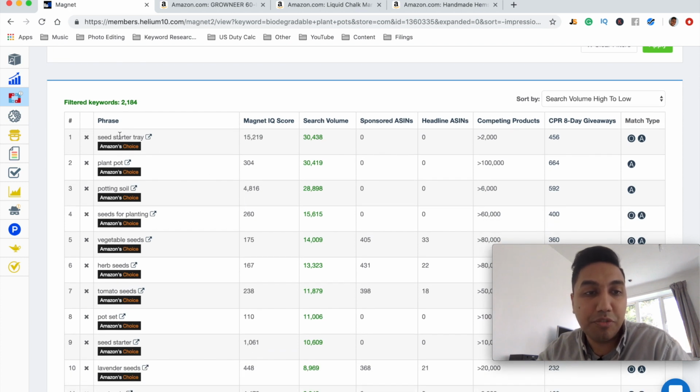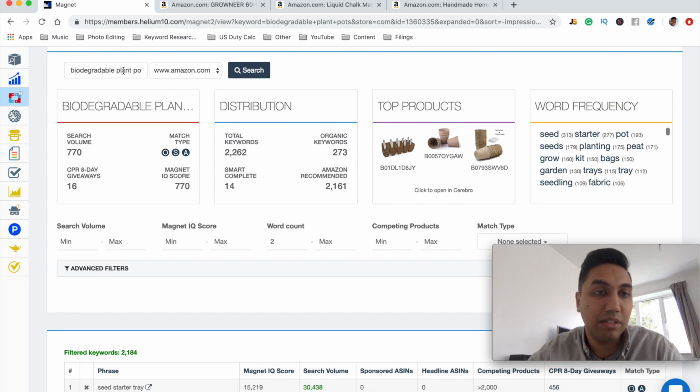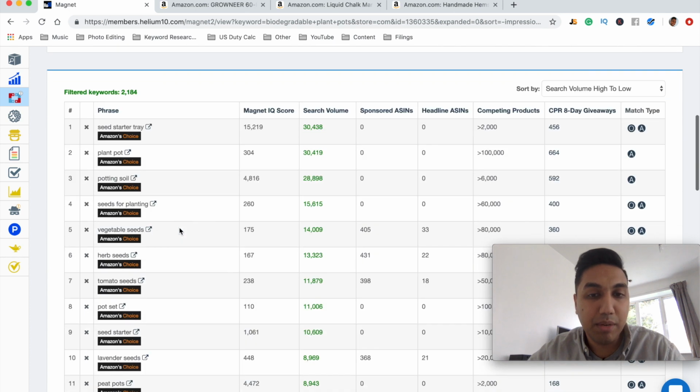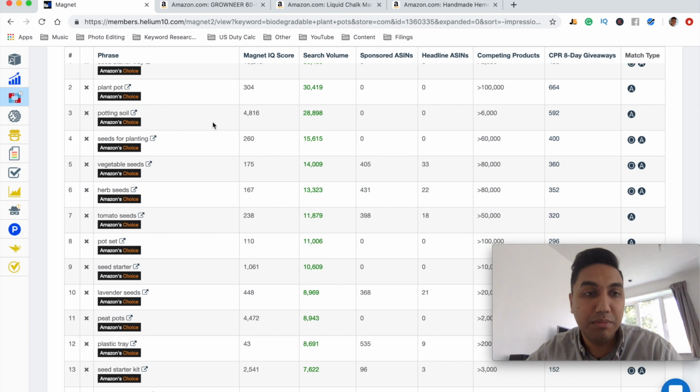We can start off by using Seed Starter Tray, and this will also give you ideas of what products you could probably sell as well. As you can see, the search volume is really high and competing products is low. So let's try and find a word that is relevant to what we are looking at. I mean, we can use biodegradable plant pots, but I would like to see a search term that is of high volume and low competing products.